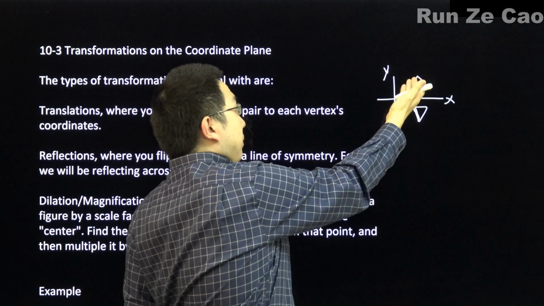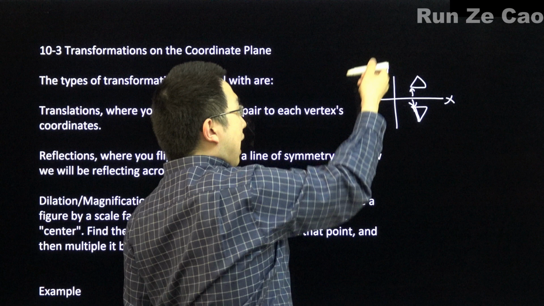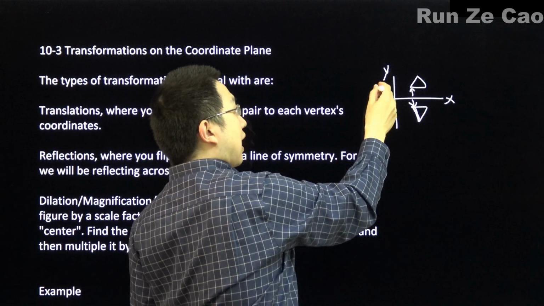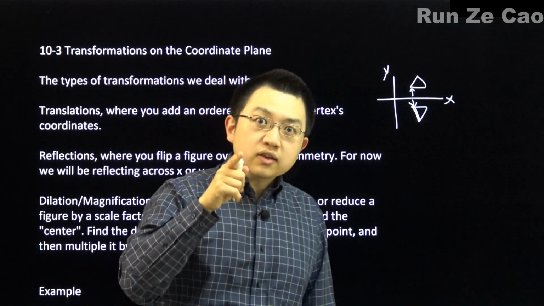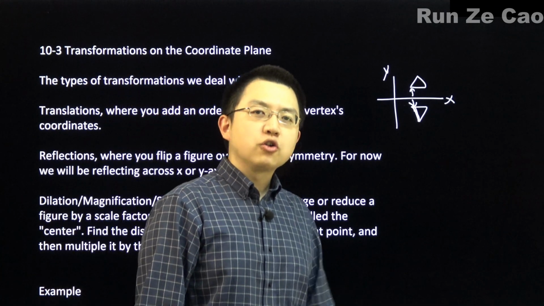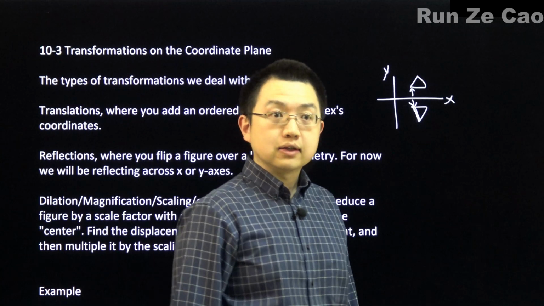And what happens if you're flipping across the y-axis? Well, does it move up or down? No. The x-coordinate of each vertex changes signs. Using this method is much easier than trying to remember separate rules for flipping across x or y axes.